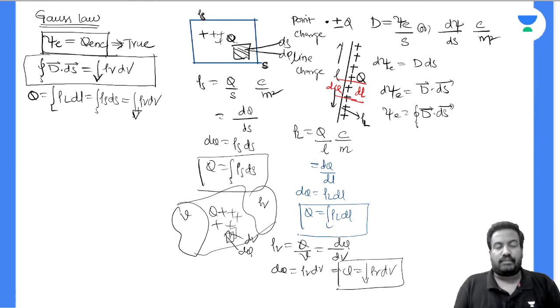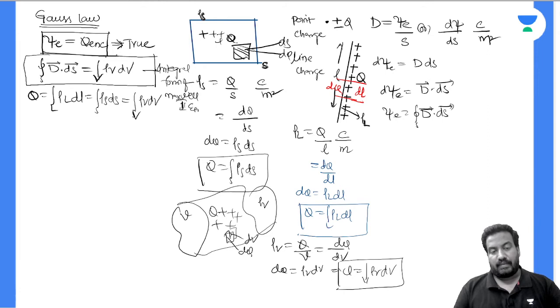This is called the integral form of Maxwell first equation.